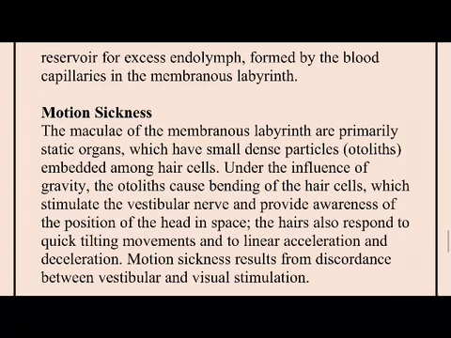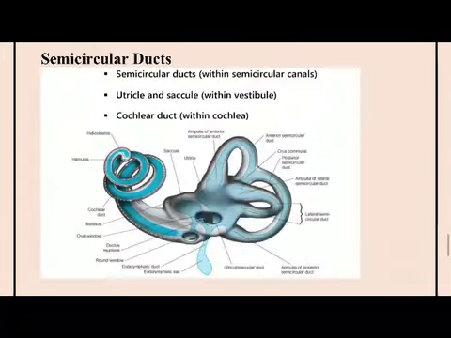The hairs also respond to quick tilting movements and to linear acceleration and deceleration. So that sense of awareness of the position of the head in space is what's involved in the motion sickness we're talking about. So motion sickness results from discordance between the vestibular and visual stimulation. That is motion sickness.